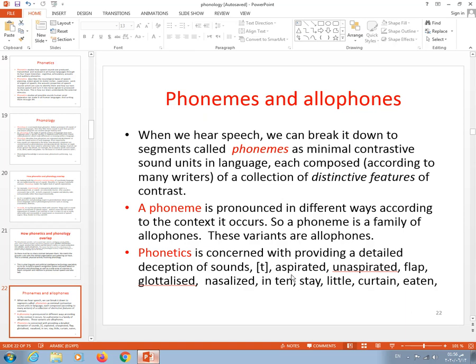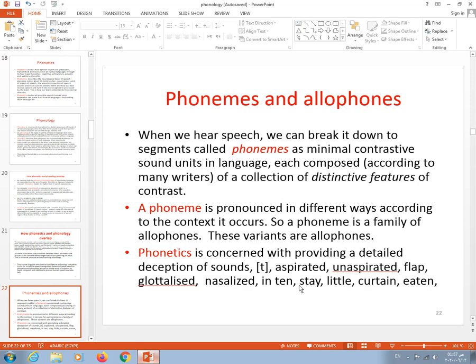Our brain looks at t in all these words, in which t is pronounced differently, physically and physiologically, but it ignores these differences and says that it is t. T in ten, t in stay, t in little, t in Qatar, and t in Eden.